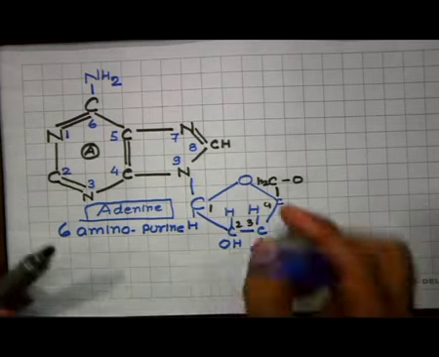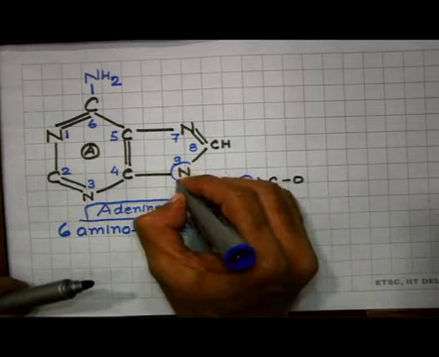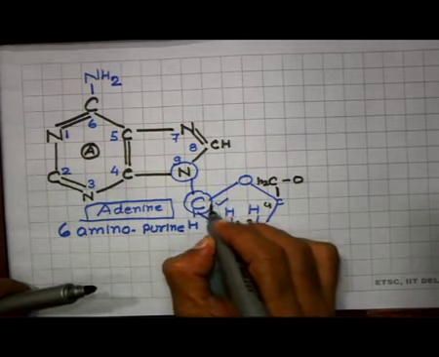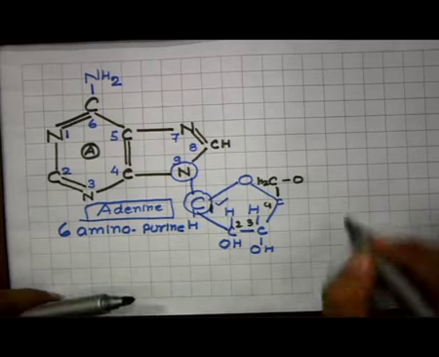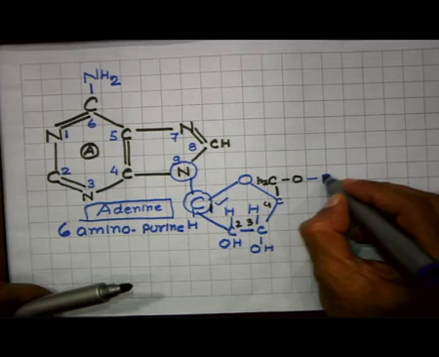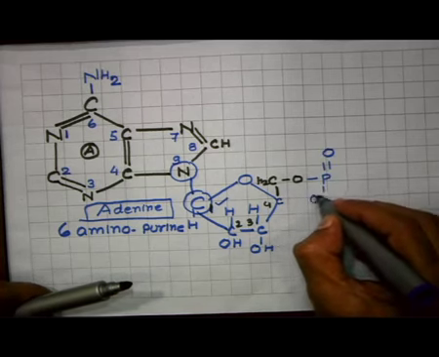The first carbon of ribose is attached with the 9th nitrogen atom of the adenine, then 3 phosphate groups are attached in the form of phosphoric acid.